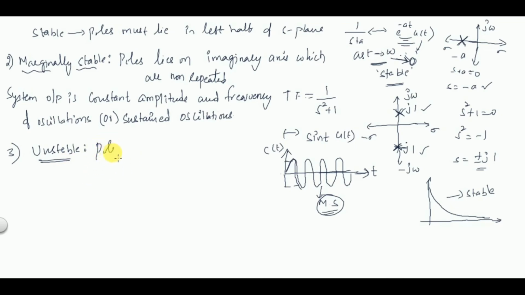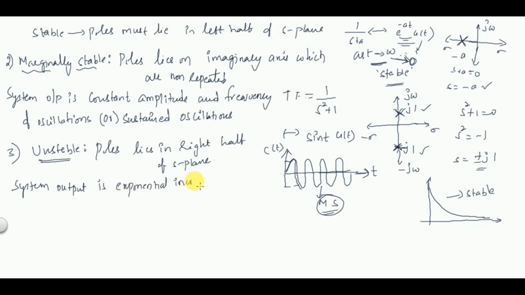If the poles, same closed loop poles, lie in the right half of the S plane, the system output is exponentially increasing, if they are real in nature.